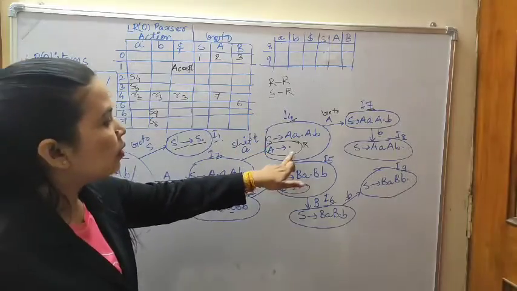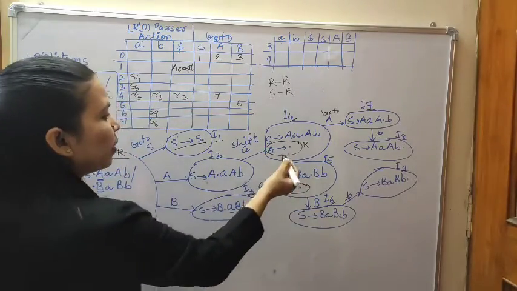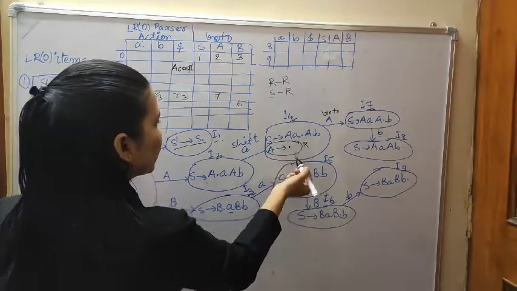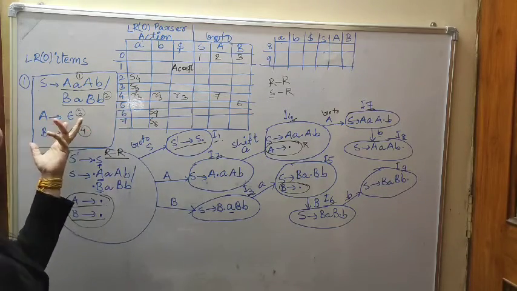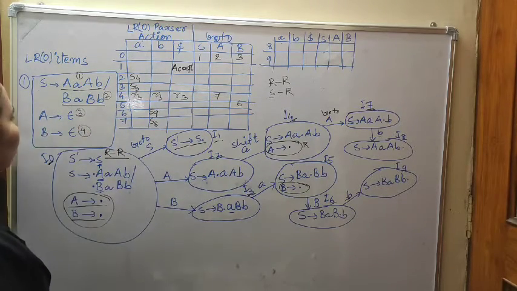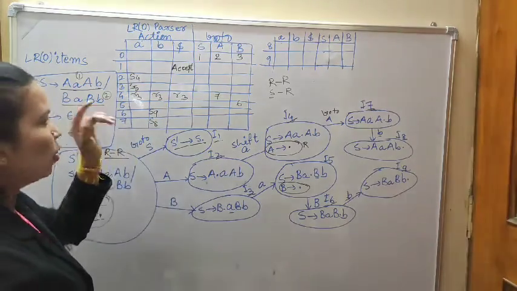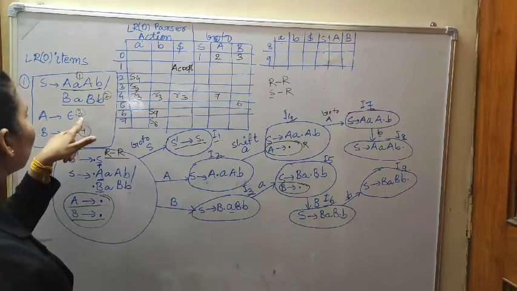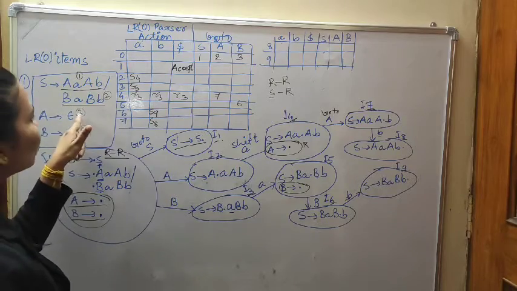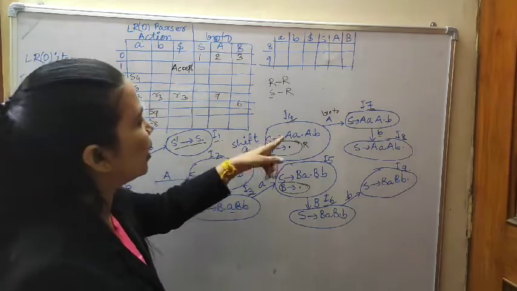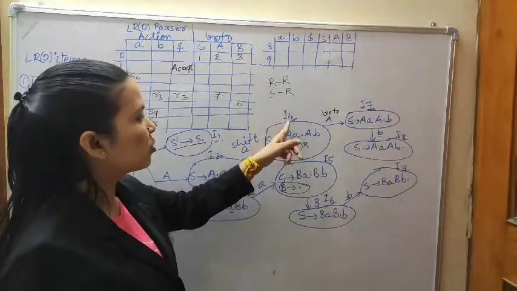Okay, we will check it. A to epsilon dot has given the final item, so from here we will check where in the production rules it has been given, and that is why we are giving the name, because of the reduced term. So this is production number 3, so that is why we will write reduce 3, where? In the state number 4, because it is I4.